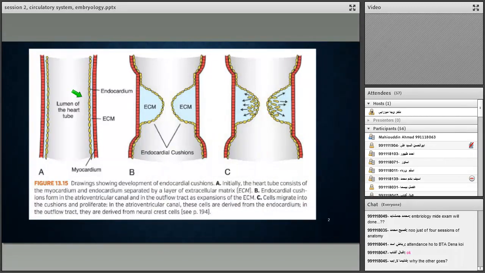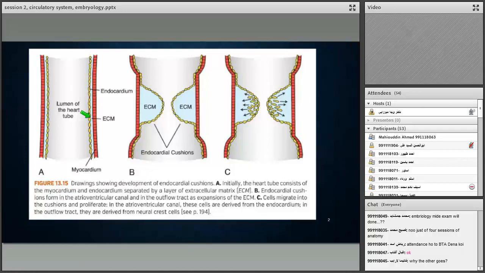Look at here. In each lumen we have one layer of endocardium. After that we have the extracellular matrix, or ECM. And then we have the myocardium.